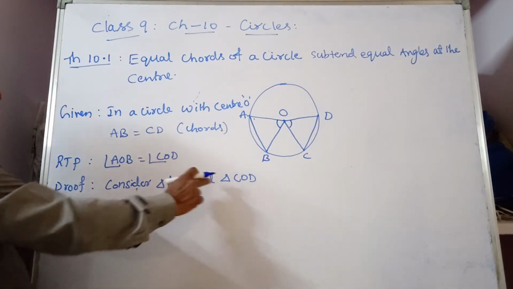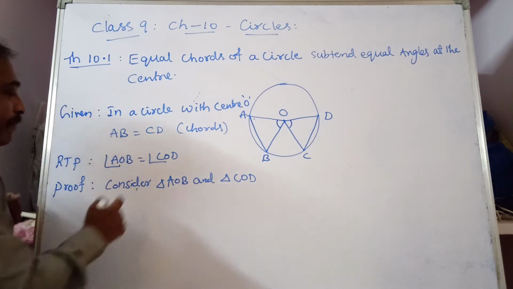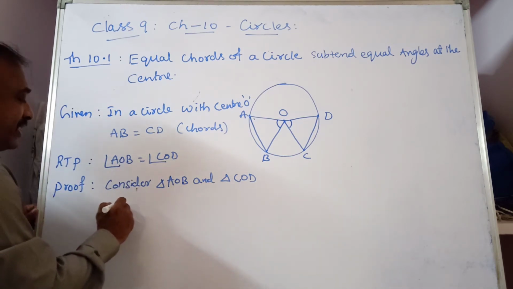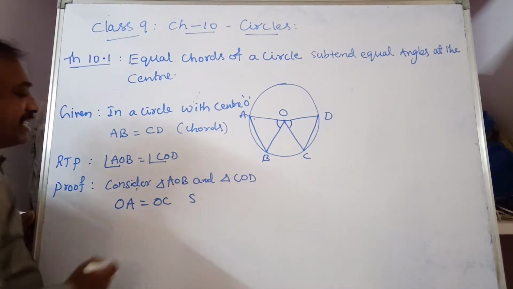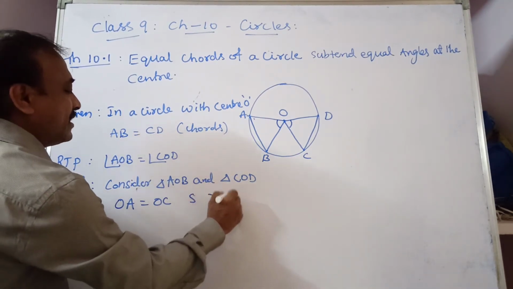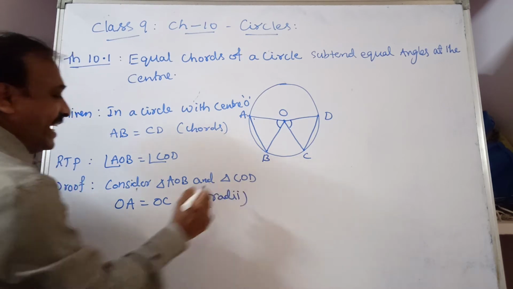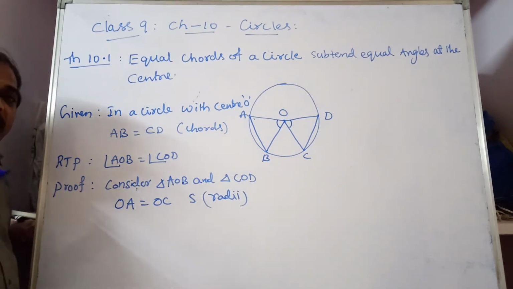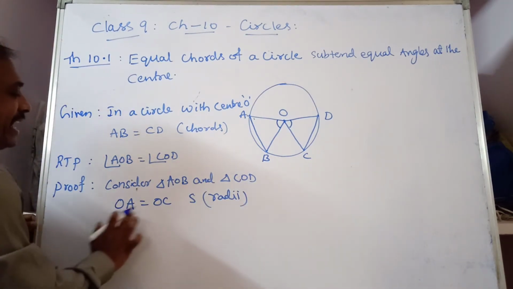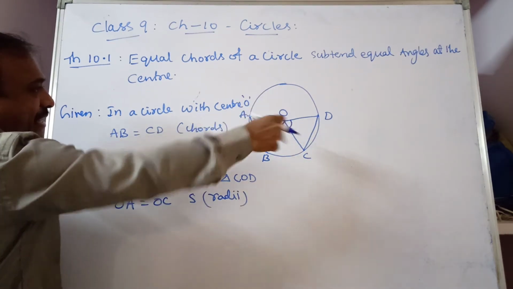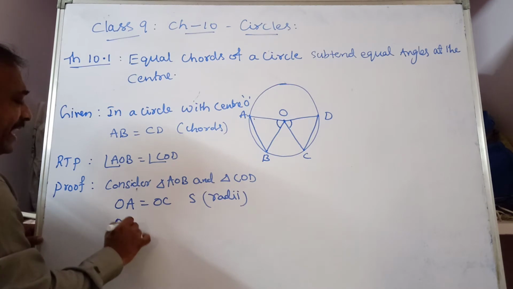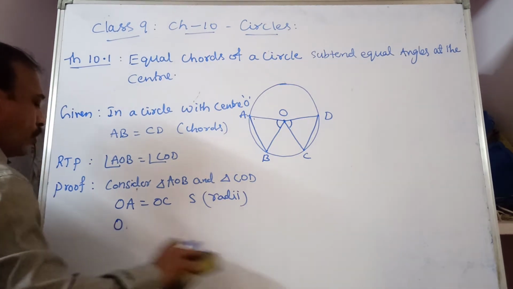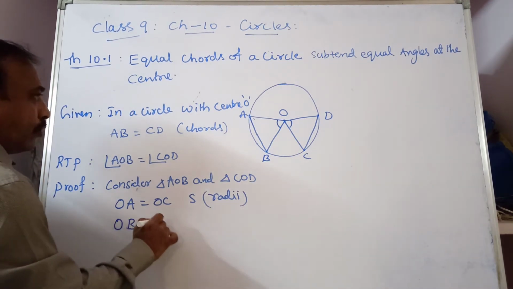Now consider triangle AOB and triangle COD. In that, observe it, OA is equal to OC. This is a side, which we call radii. Why radii? Radius is singular, radii is plural. OA is equal to OC. Next, OB is equal to OD.